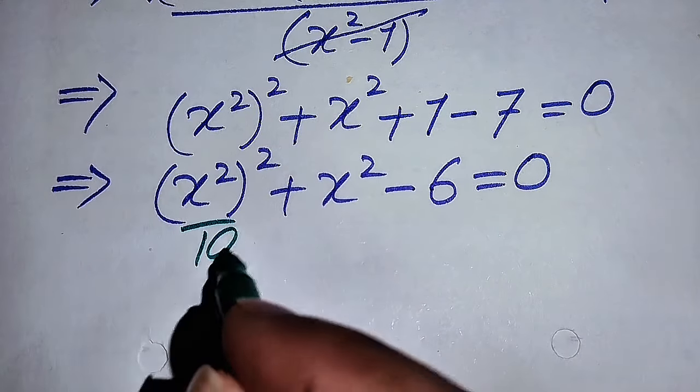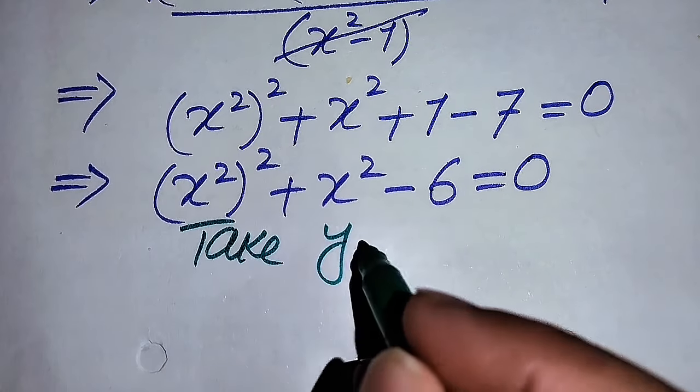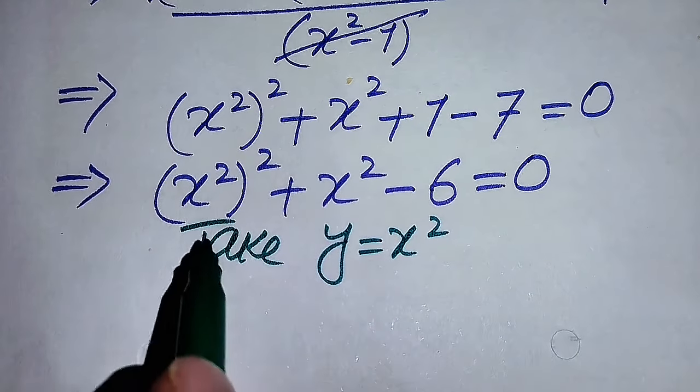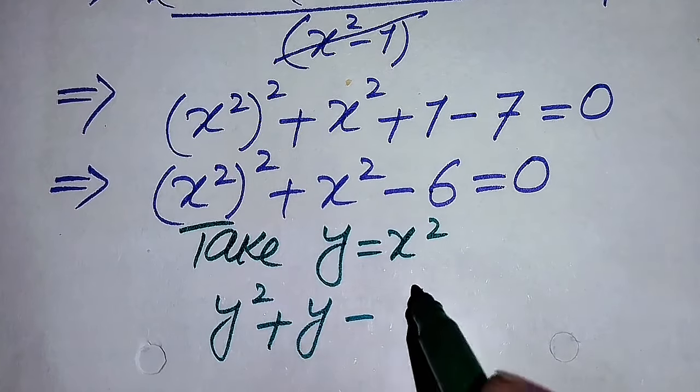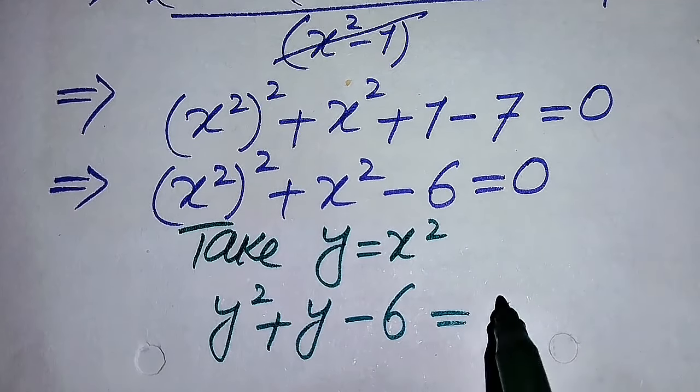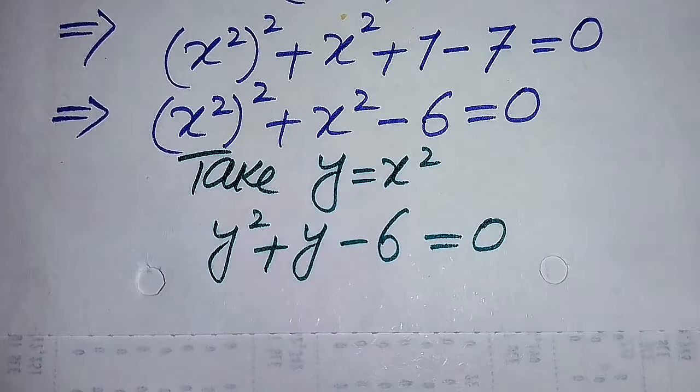When you take x square equals y, it becomes y square plus y minus 6 is equal to 0. When we substitute these values, our above equation is converted into the standard quadratic form.